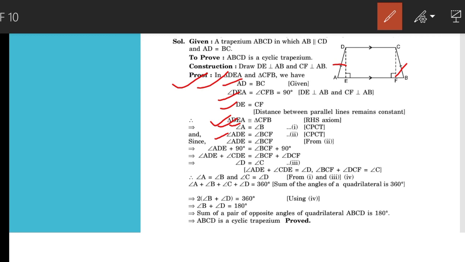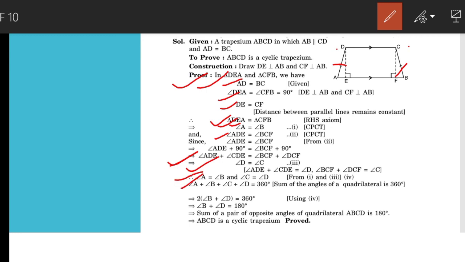Now to angle ADE and BCF we need to add 90 degrees. So we add angle ADE plus CDE, which is 90 degrees, and BCF plus DCF, which is also 90 degrees. Together we get angle D is equal to angle C. So now we have both things, angle A is equal to angle B, angle D is equal to angle C.